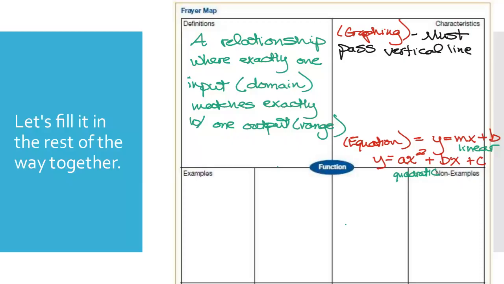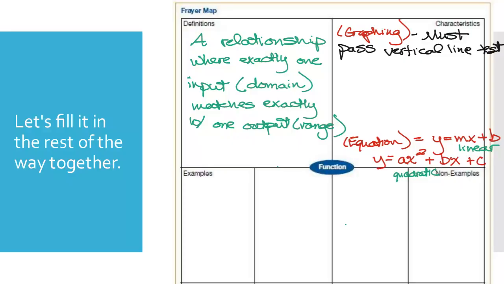Vertical line test. Now, here's the kicker. What's a vertical line look like? It is not this. This is horizontal, like the horizon. Vertical line is like this. Think about V, the point of the V, and think of your pencil. It's up and down.